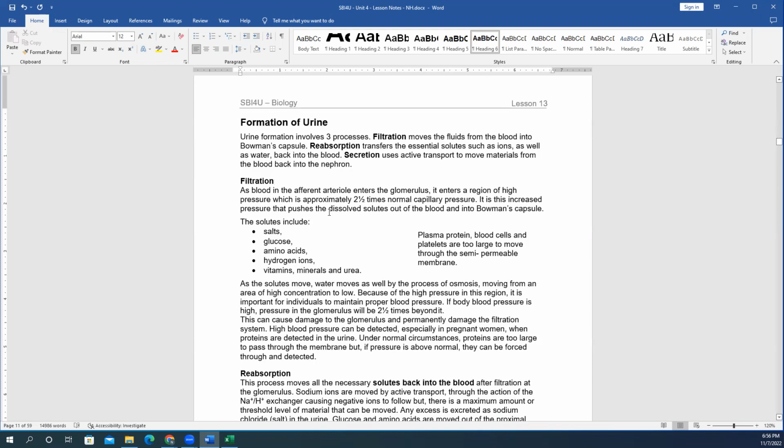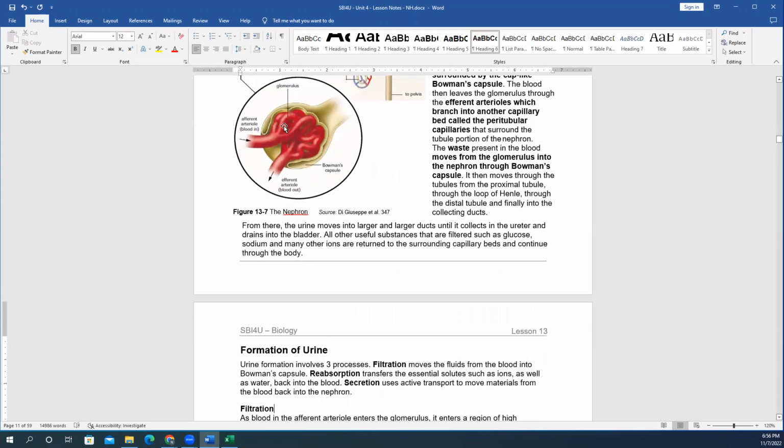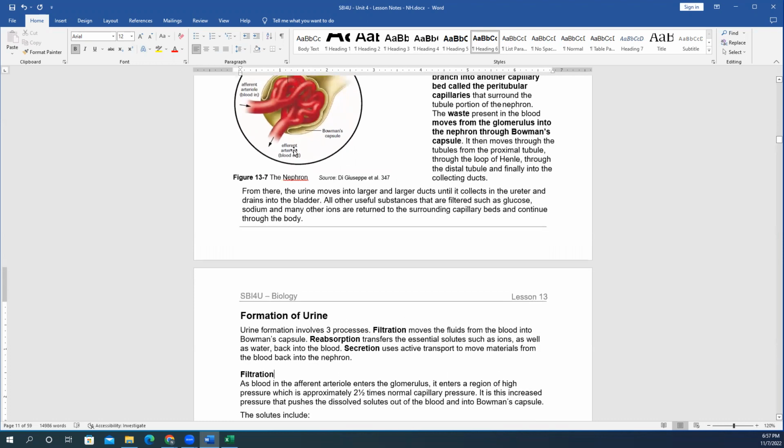So as the blood is entering into the glomerulus, it goes through a region of high pressure. If you can imagine, when it's coming in, the blood pressure that is entering into this region, because now it encounters this fine, tight cluster of vessels here. There's quite a lot of pressure here, approximately 2.5 times what is the normal capillary pressure.